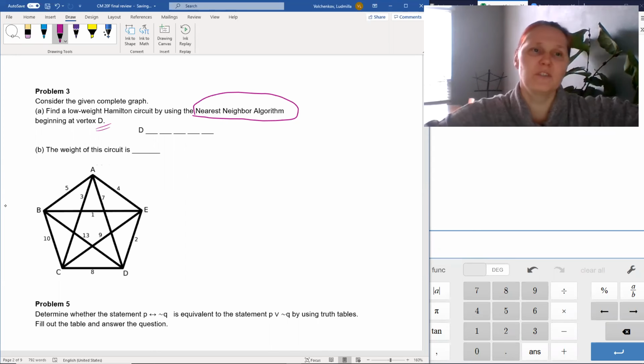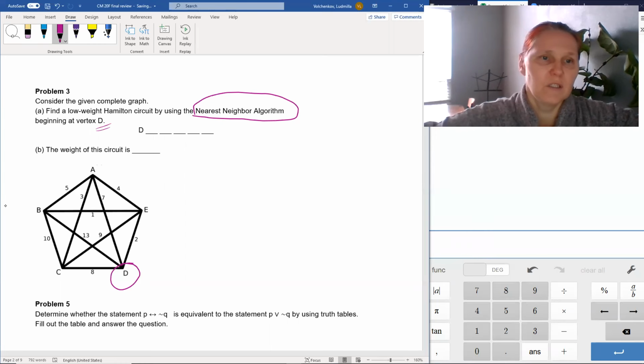So here we have D. So we start from D, and then we choose the nearest neighbor of D. So we have 4 lines. The weights are 8, 13, 7, and 2. So looking from D, we have 4 choices, and the best choice is, of course, D, E.